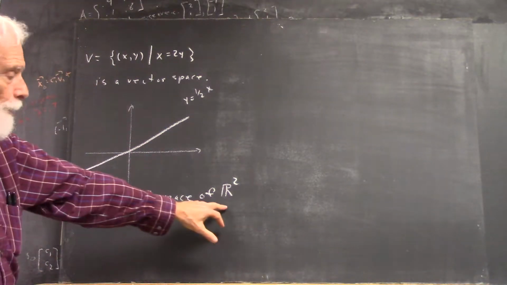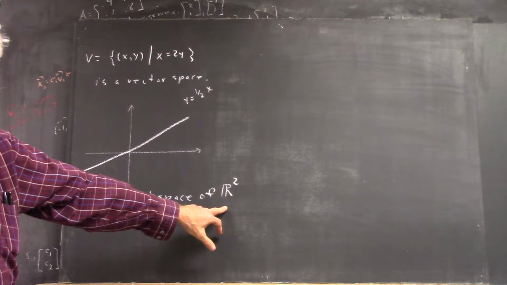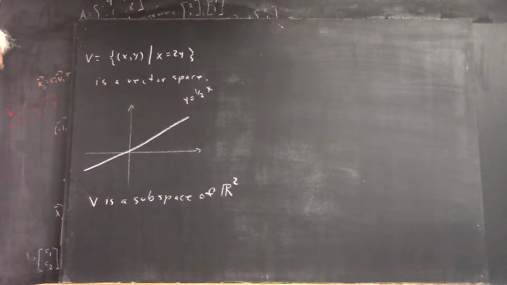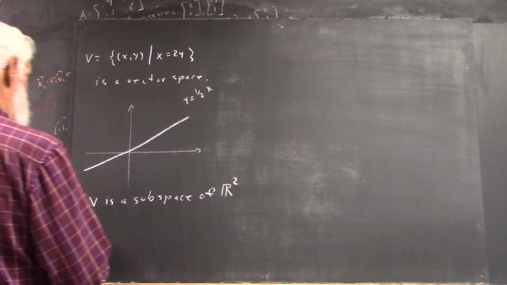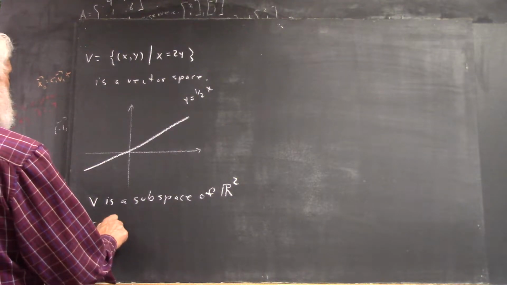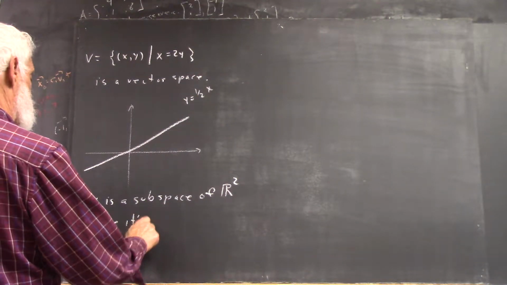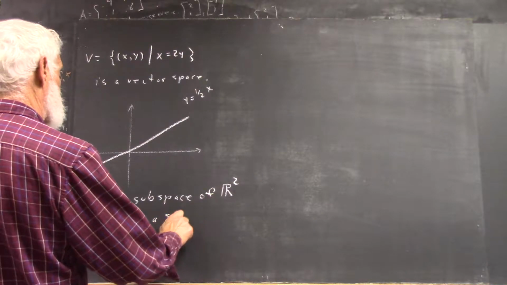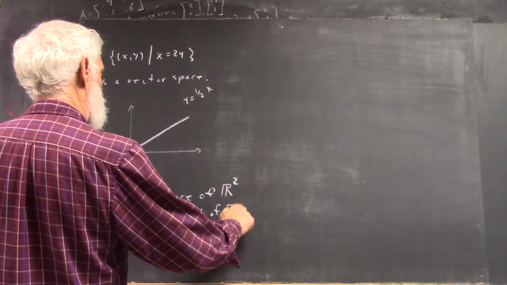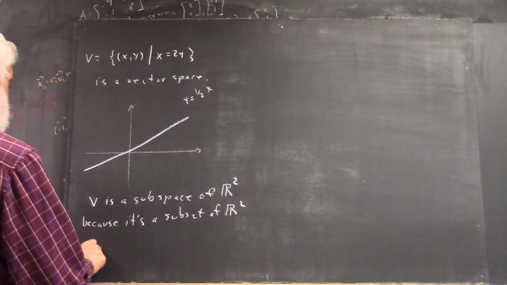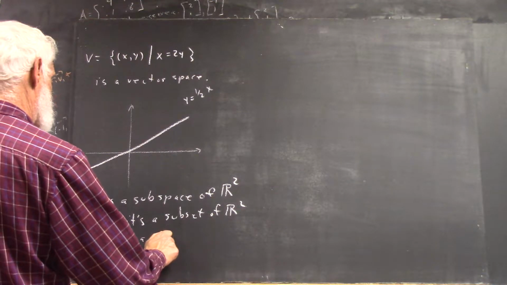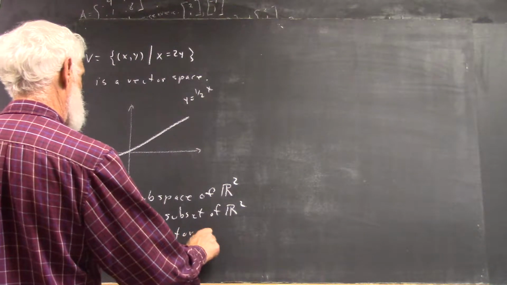V is a subspace of R2. Or by R2 I mean the entire plane, right? Because it's a subset of R2, and it's a vector space.